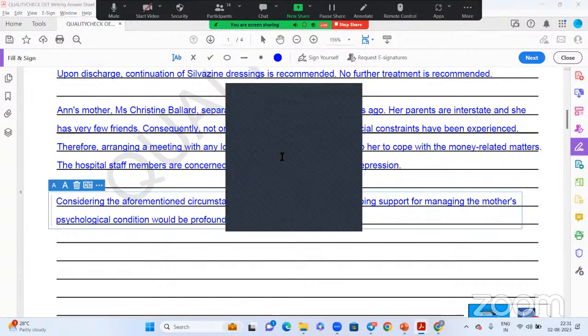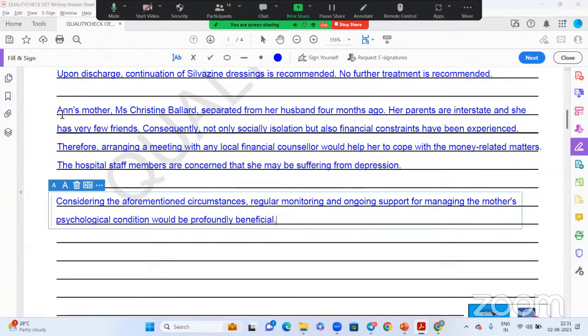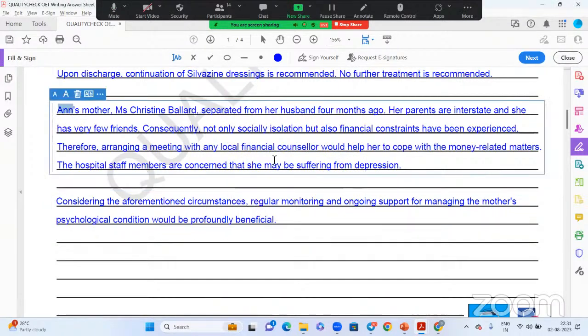Somebody is saying the sex of the infant has not been revealed. Anne Ballard. Anne is a lady's name, a girl's name.